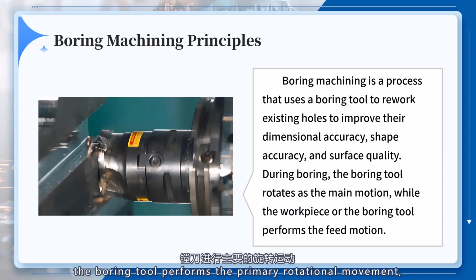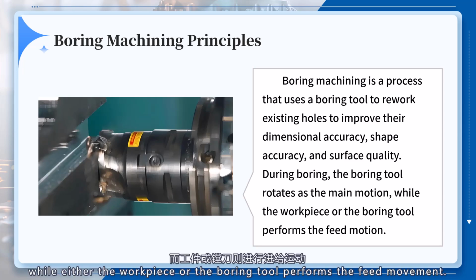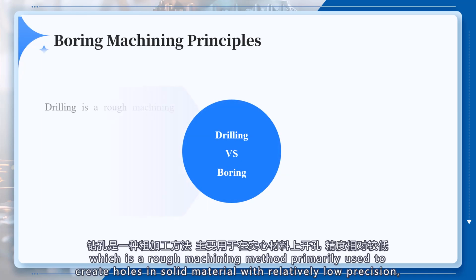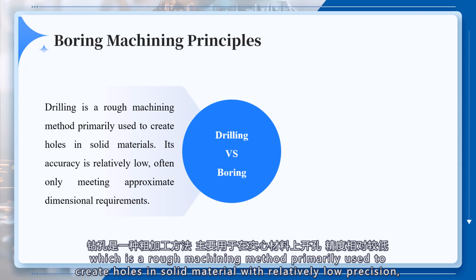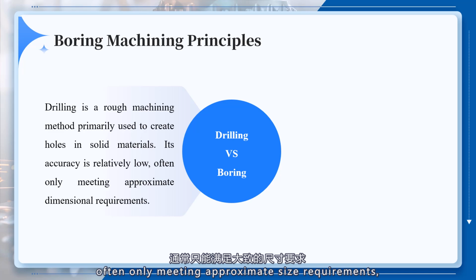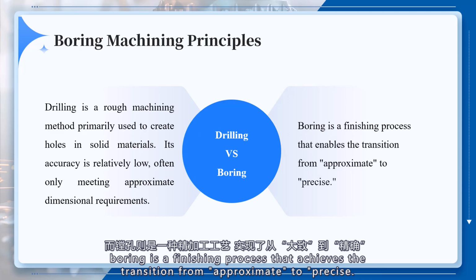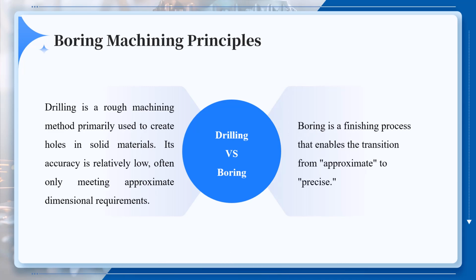During boring, the boring tool performs the primary rotational movement, while either the workpiece or the boring tool performs the feed movement. Compared to drilling, which is a rough machining method primarily used to create holes in solid material with relatively low precision, often only meeting approximate size requirements, boring is a finishing process that achieves the transition from approximate to precise.